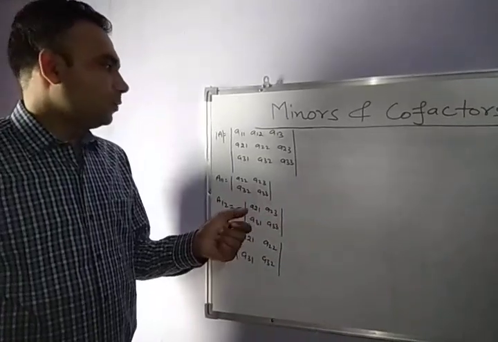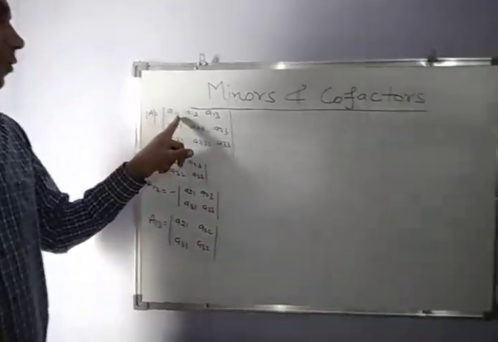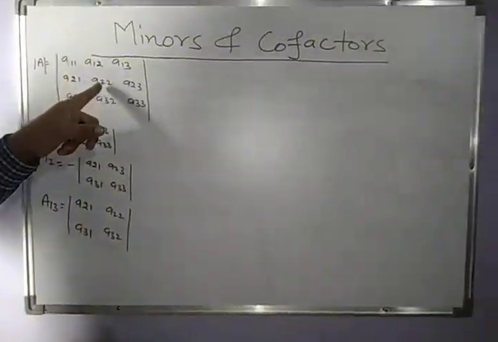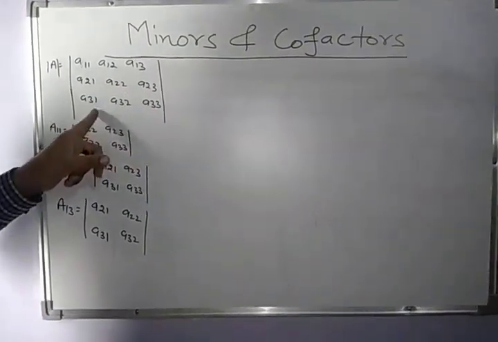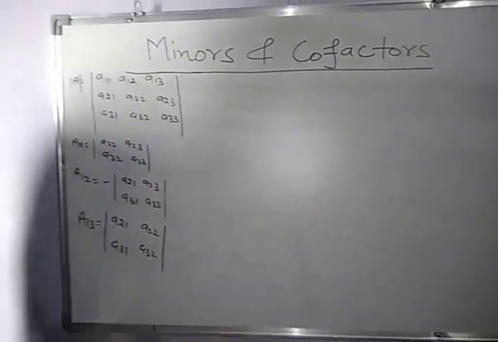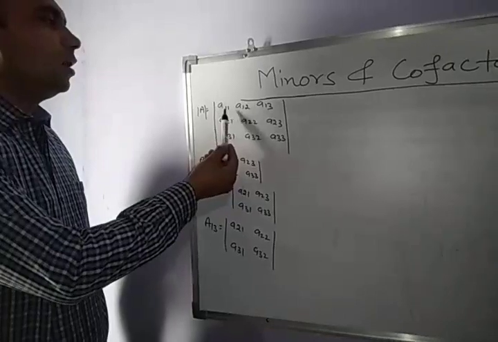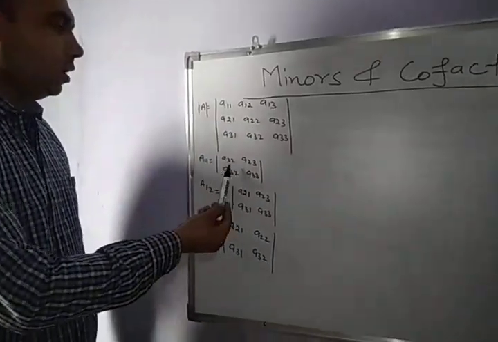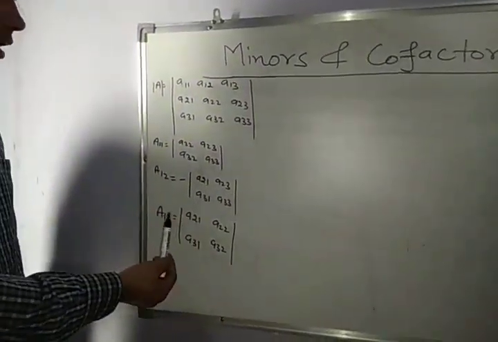So what do we get? If the determinant is A11, A12, A13, A21, A22, A23, A31, A32, A33, then we have the cofactors of the elements of the first row: A11, A12 and A13.